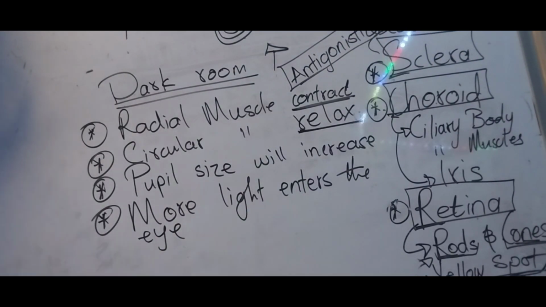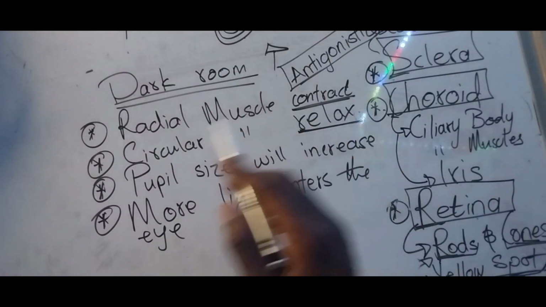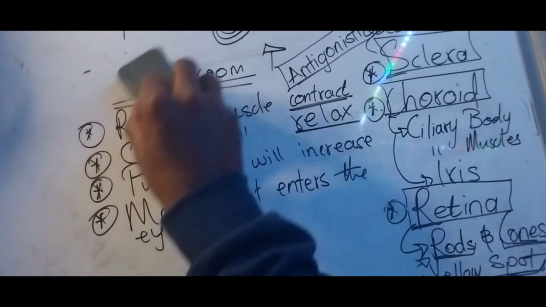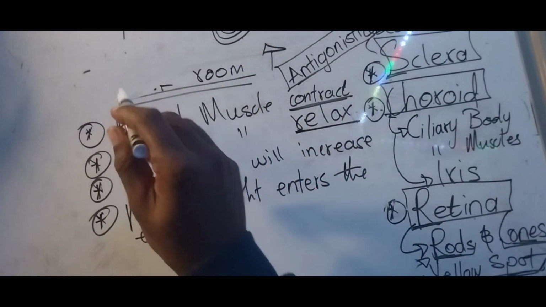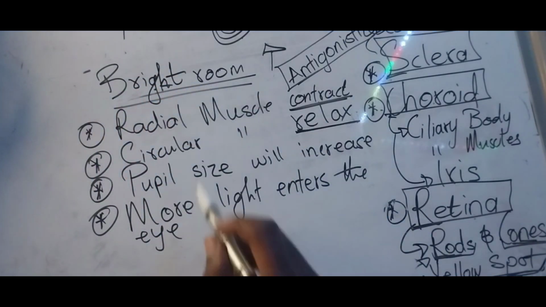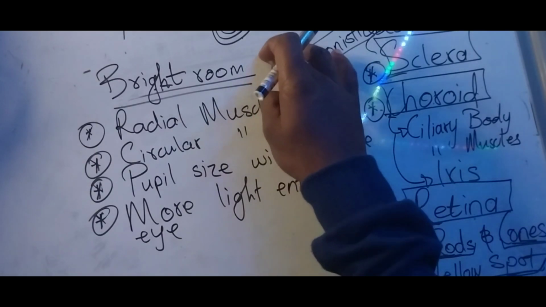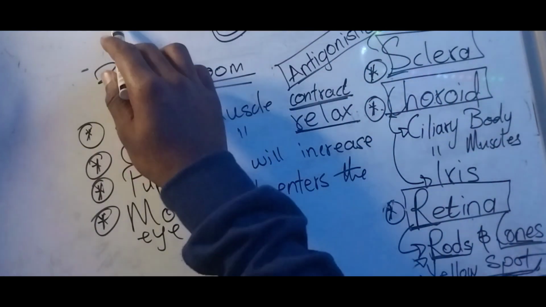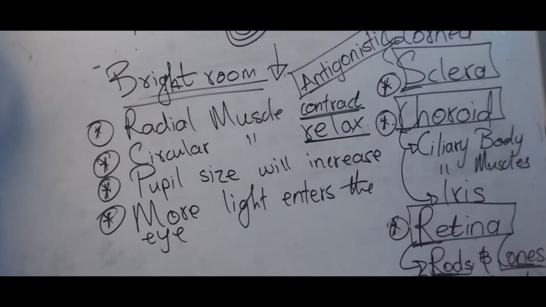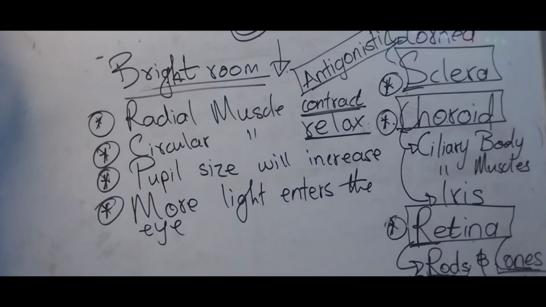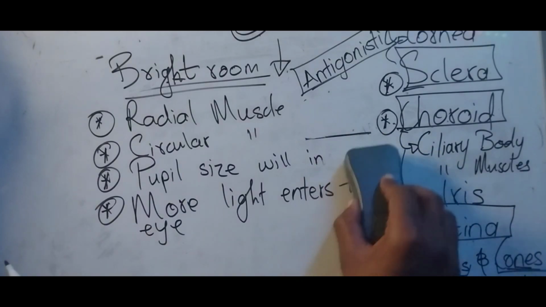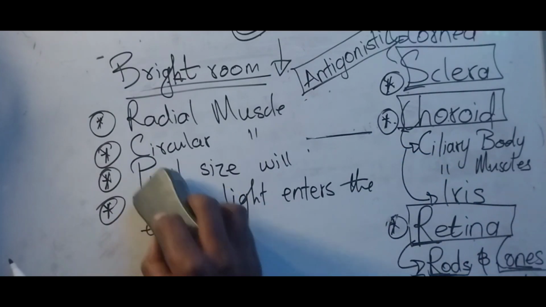Okay, so now we can change the topic and say when someone is in a light or bright room, what's happening? If someone all of a sudden gets inside a bright room, by nature you know that the pupil size is going to decrease because now we are in the bright area or room. So these things are going to change. Going to change only this, only that.